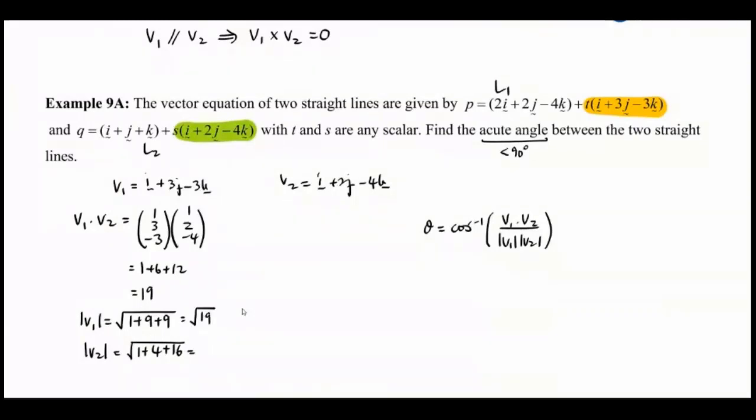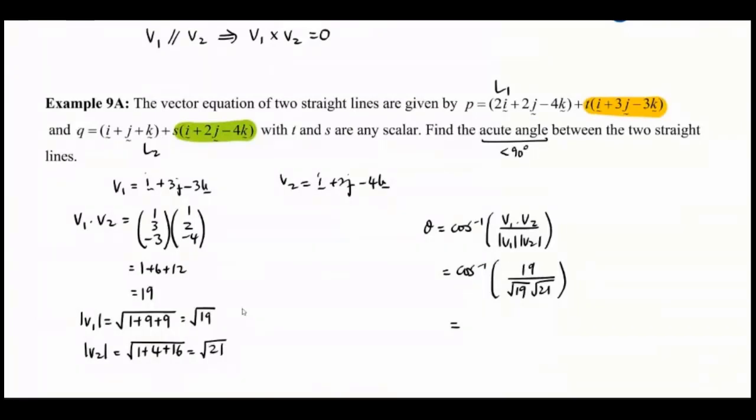Okay, so directly we can substitute into the formula: 19 over square root 19 times square root 21.